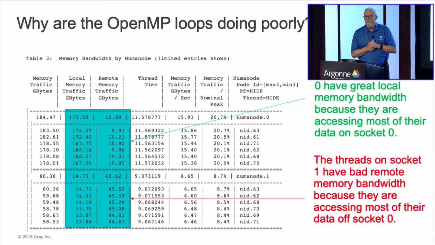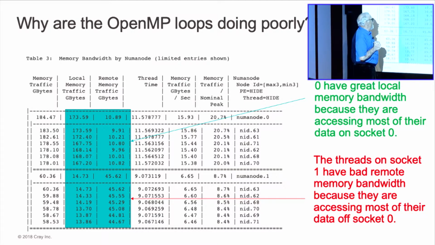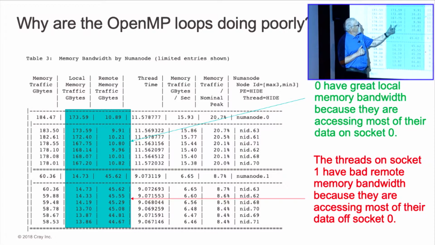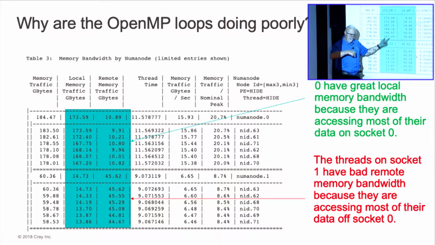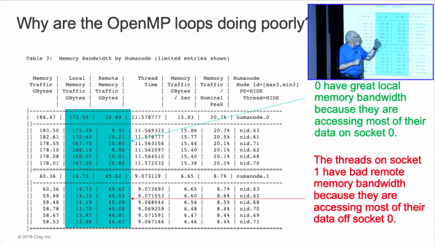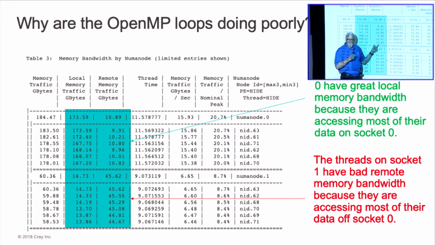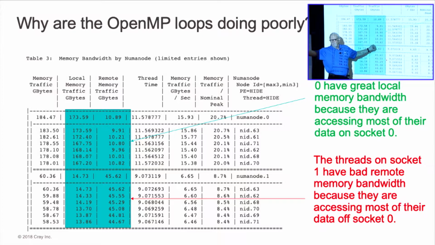Table 3 is showing you a set of threads, and it's showing you local memory traffic on the socket the thread is on, and remote memory traffic on the socket that it's not on.